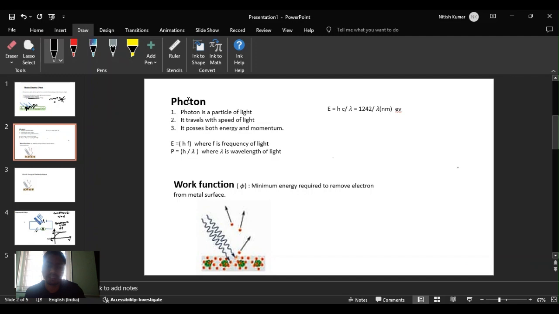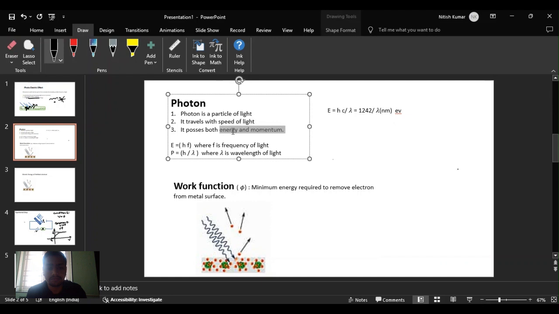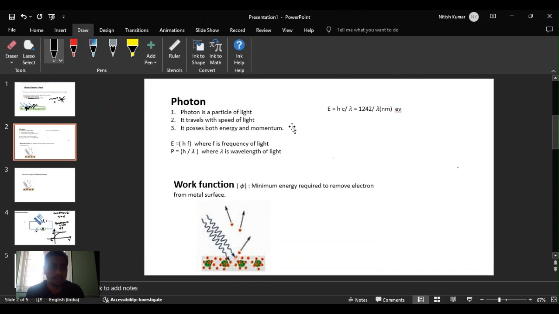It travels with the speed of light, and it possesses both energy and momentum.